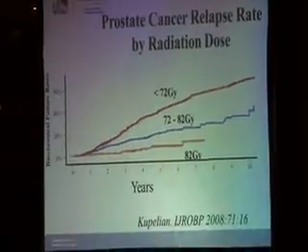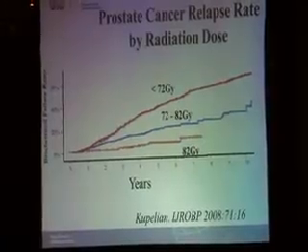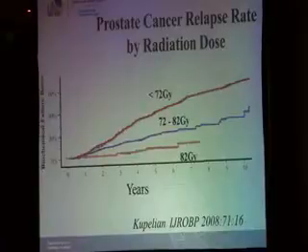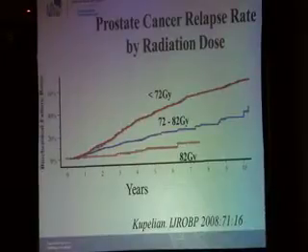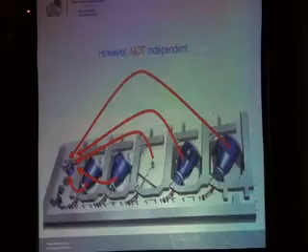And it was published that with the increase of the dose, you will get a lower prostate cancer relapse rate. As you can see here, the 82 is the lowest graph.